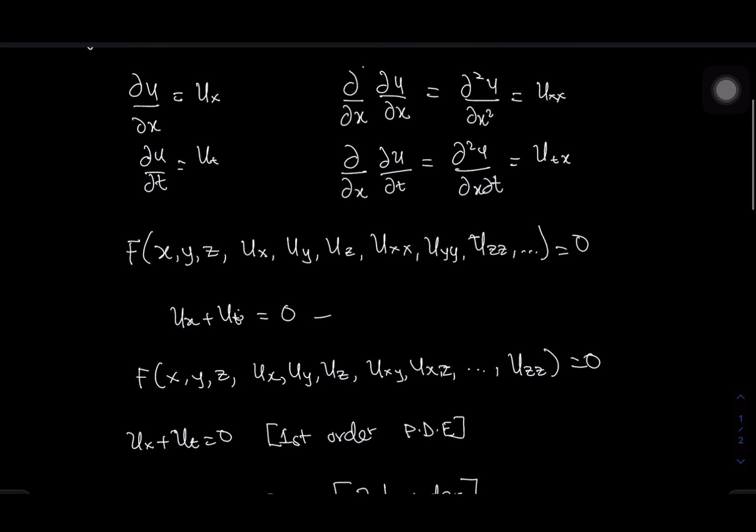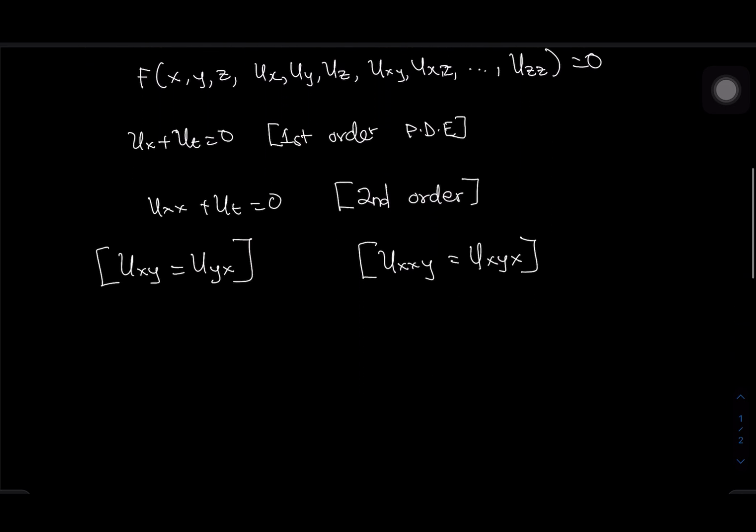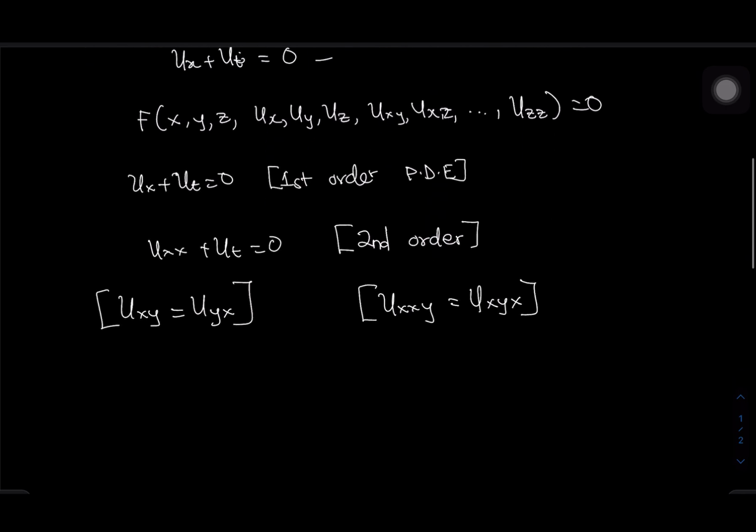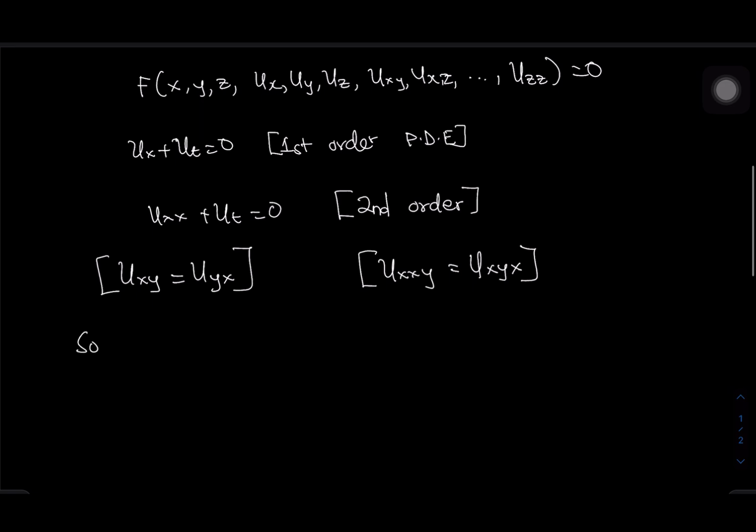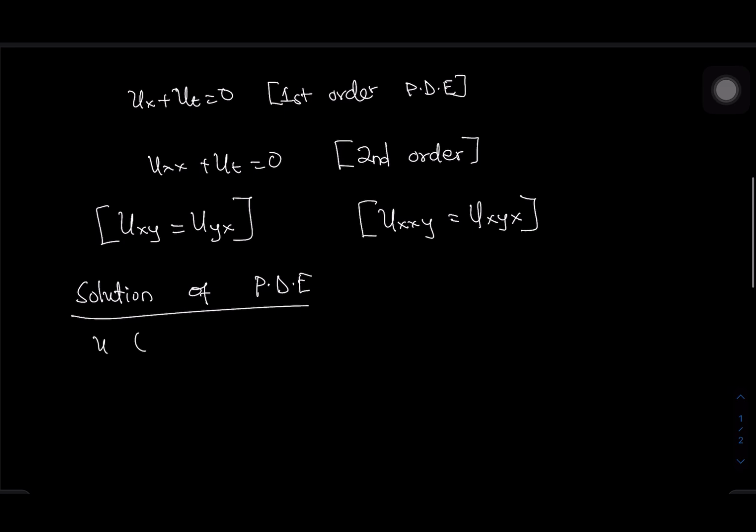One last thing before I end the first video: what is the solution of a PDE? u is a solution of a partial differential equation if it satisfies the equation.